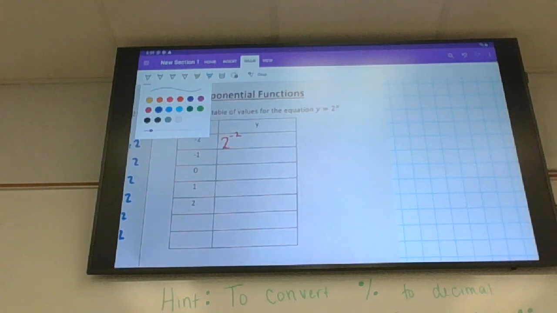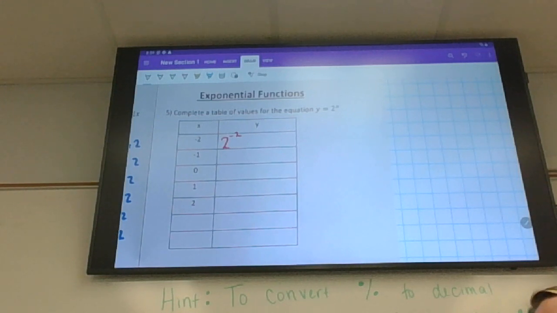Can anybody figure out what 2 to the negative 2 is? I'm pretty sure everybody has it wrong. It's not 4. I want the fraction form, but I applaud your right answer. So we're plugging in for exponents on this side. You have to remember that negative exponents make fractions.